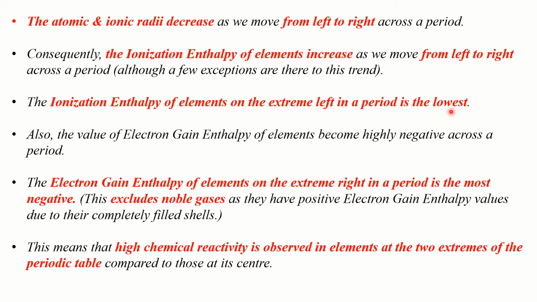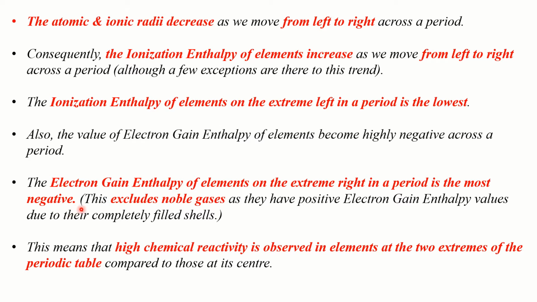Also, the value of electron gain enthalpy of elements becomes highly negative as we move from left to right across a period. And note that the electron gain enthalpy of elements on the extreme right in a period is the most negative.